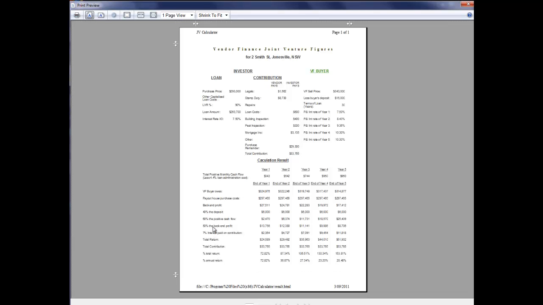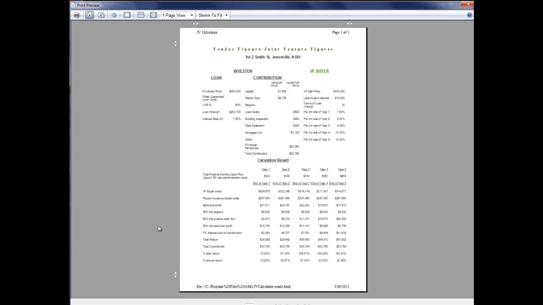And you can see that we have the breakdown here: 40% of the deposit, 60% of the positive cash flow, 50% of the back-end profit. And because we've elected to pay interest on the investor's contribution, that's also included here. If you weren't paying any interest, that would be zero, and that line there would also be zero.